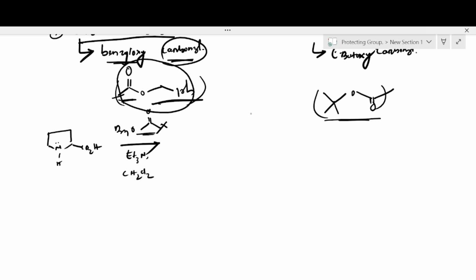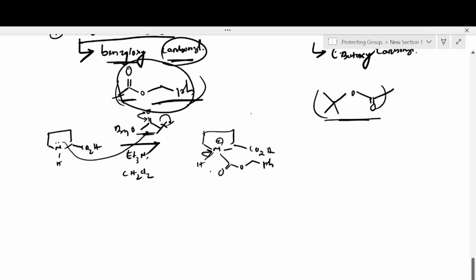Then the lone pair of the nitrogen will attack the carbonyl group, the electron goes toward oxygen, again converts, and the leaving group leaves. Then it will form this species, right? Then H plus leaves, and we will get CBZ protected amine.